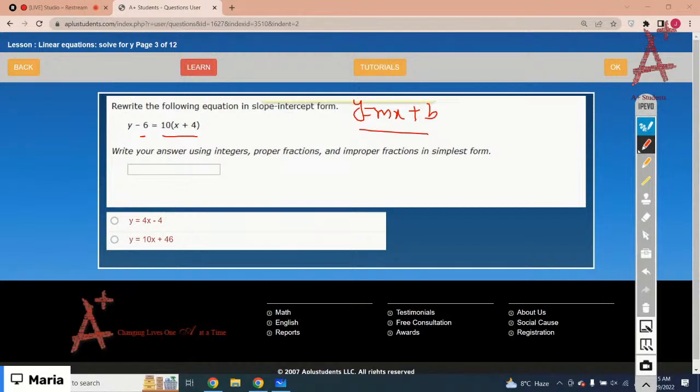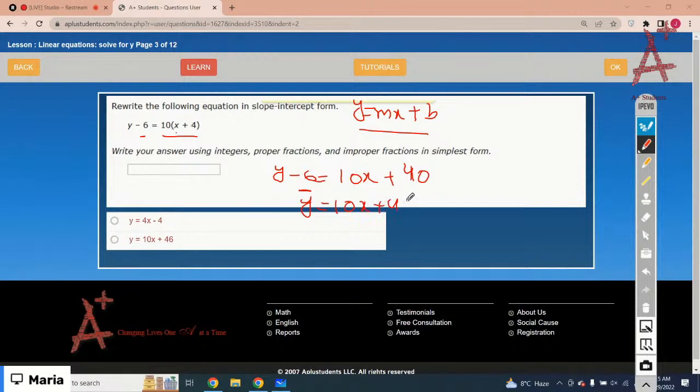Got it? So first of all, solve this side. We have to do y minus 6 equals 10 times x plus 10 times 4. It would be 40. Now you can move that negative 6 to the other side.